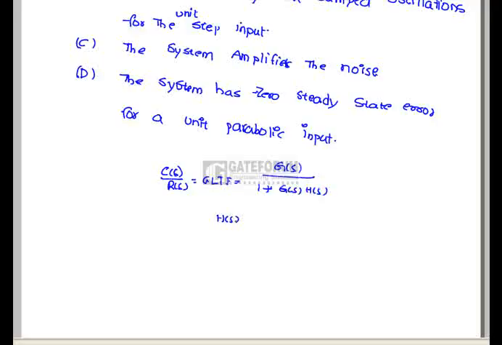H of s equals 1, and G of s equals Tp into 1 plus Td s divided by s square. If we find the characteristic equation, that is 1 plus G of s into H of s, we will get a second order equation. Based upon the Tp and Td values, there is a possibility of getting damped oscillations for the unit step input. Hence statement B is also correct.